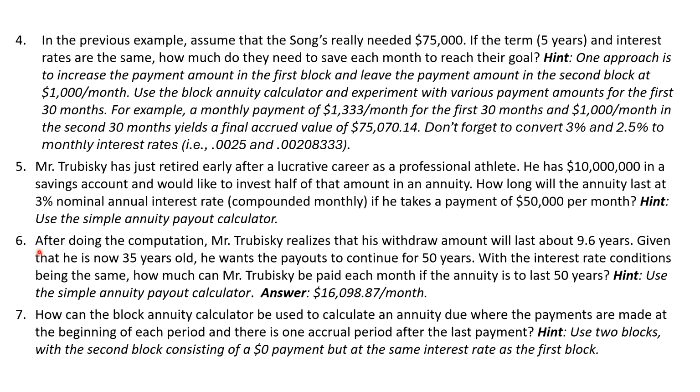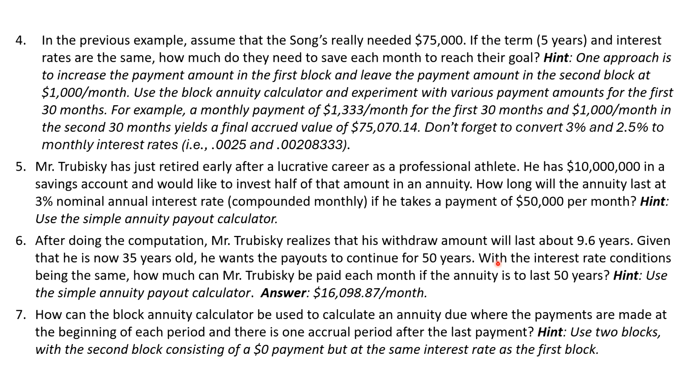Then the related problem is after doing the computation, Mr. Trubisky, and also you if you work this, realizes that his withdrawal amount will last about 9.6 years. So given that he's only 35 years old, he wants the payout to continue for 50 years and not just this shorter amount of time.